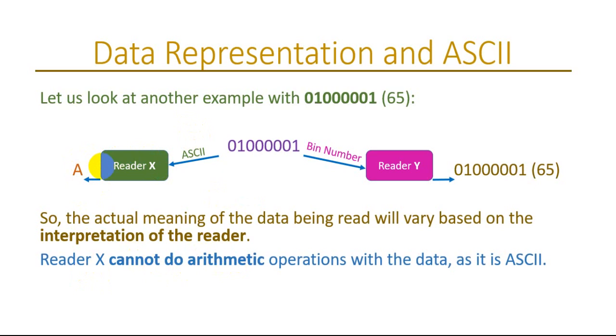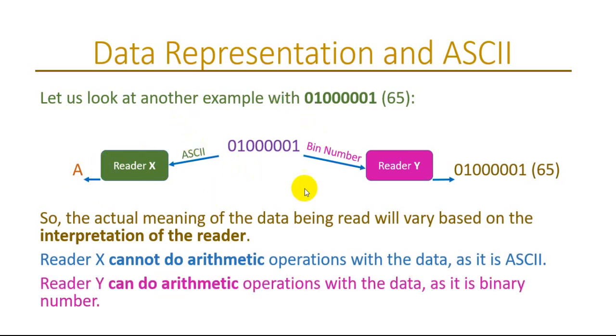Characters you don't add up. Whereas if it is a binary number, for him it's the number 65. So he can add 1 to that and make it 66, or multiply by 2 and make it 130. Numbers, you can use any arithmetic operation, no issue. So for him, arithmetic operations will be possible. For him, it will not be possible.